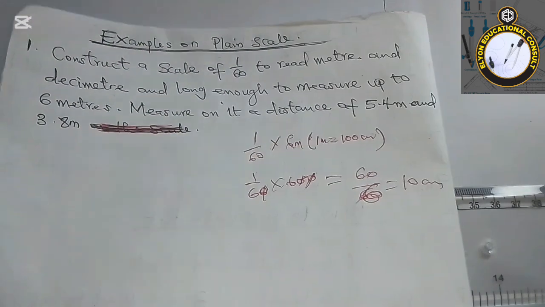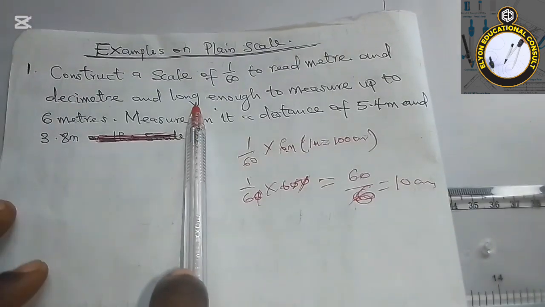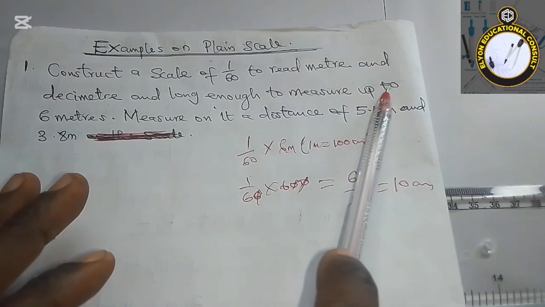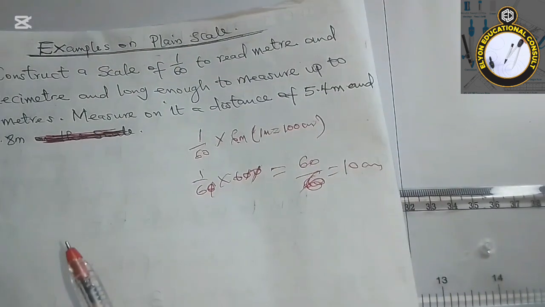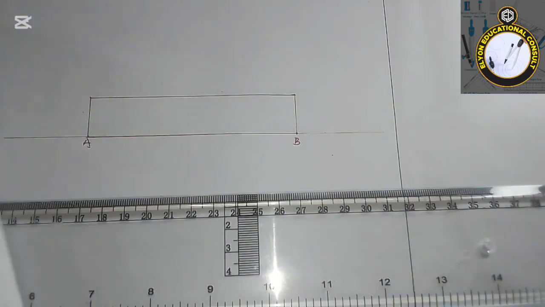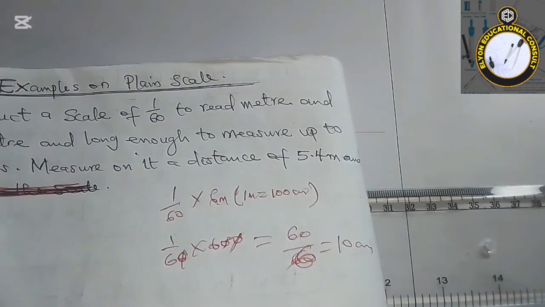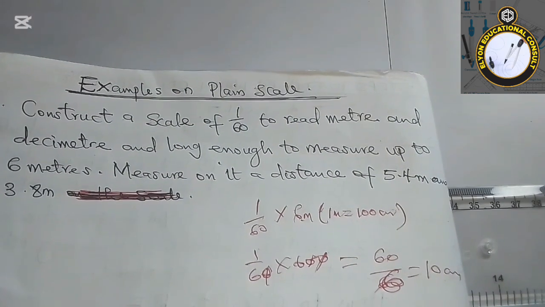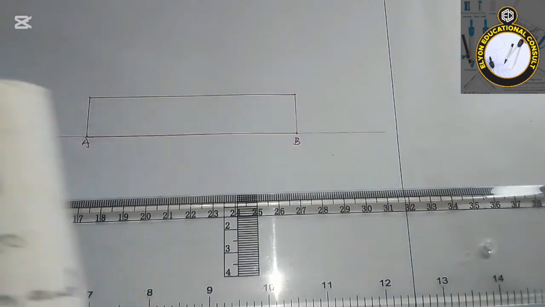We are told that the scale is long enough to measure up to 6 meters, then each division will represent 1 meter. So that is why I'm dividing into 6.